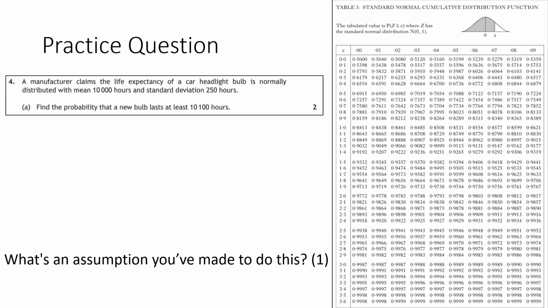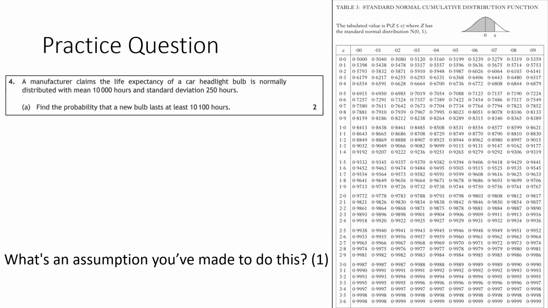Now have a shot at the following question. A manufacturer claims the life expectancy of a car headlight bulb is normally distributed with mean 10,000 hours and a standard deviation of 250 hours. What is the probability that a new bulb lasts at least 10,100 hours?